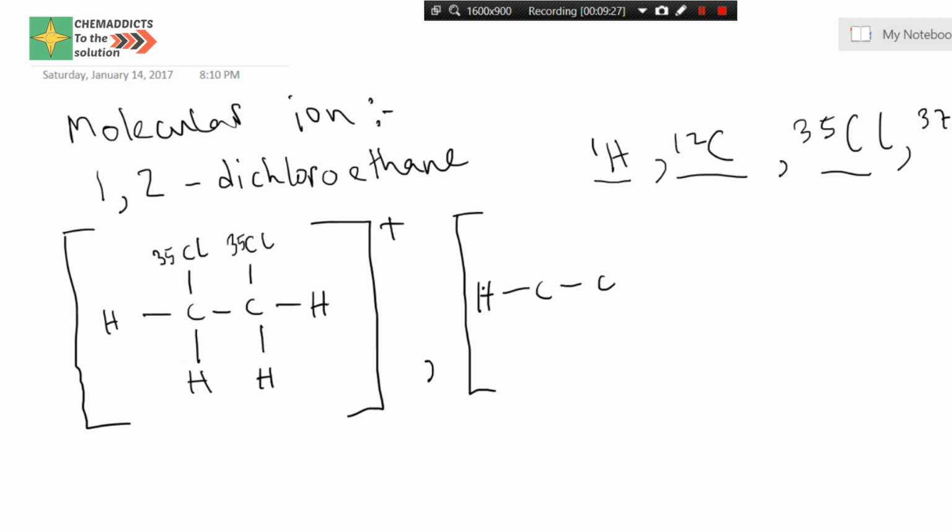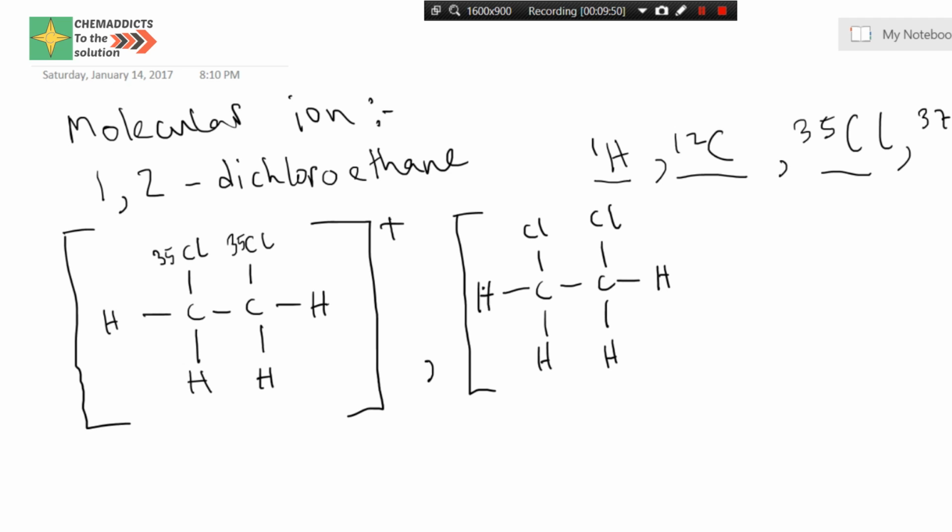This would be as it is, since there is only one isotope of hydrogen, and carbon is present once again. So as you can see here, the only difference would be the isotopes of chlorine, and other things would be the same.